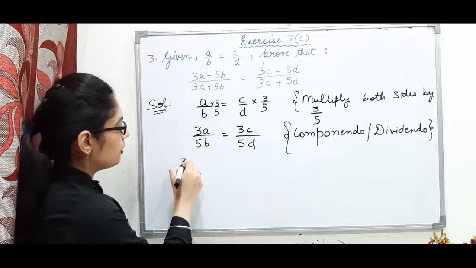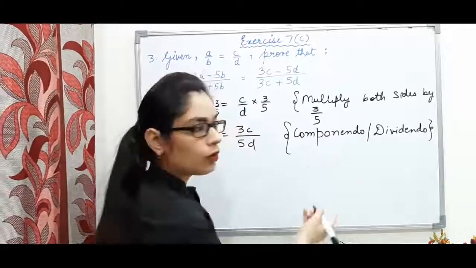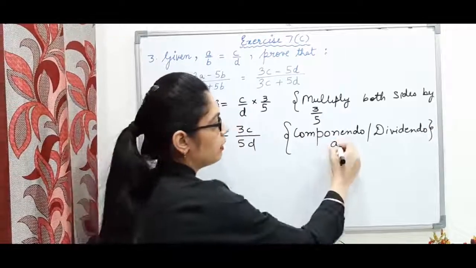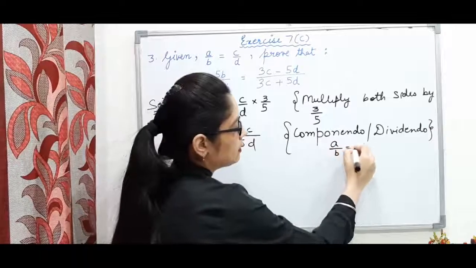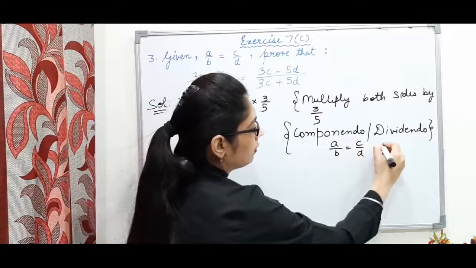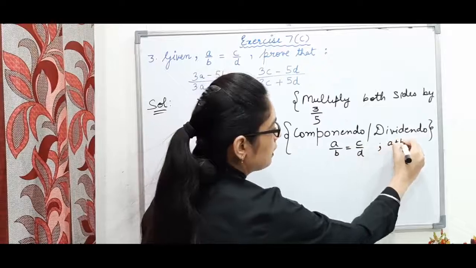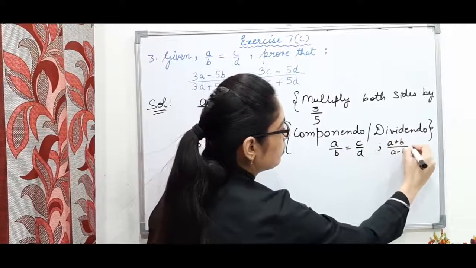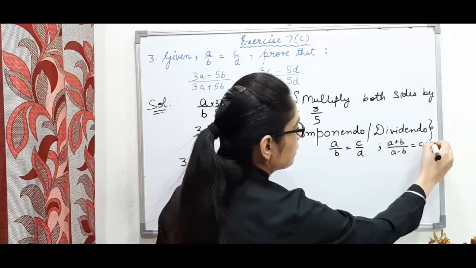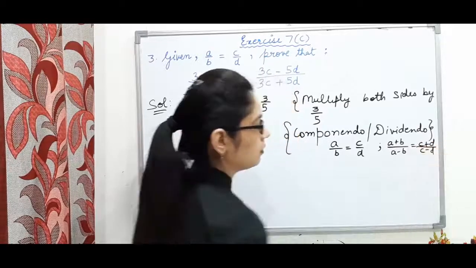According to componendo and dividendo, we have learned if a/b = c/d, then (a + b)/(a - b) = (c + d)/(c - d).